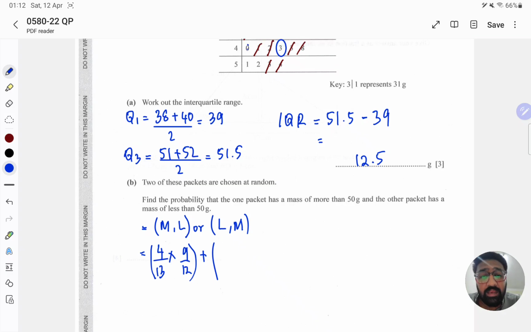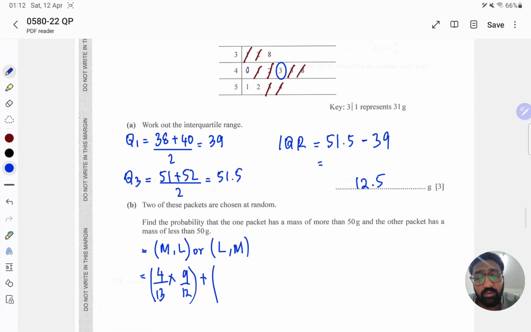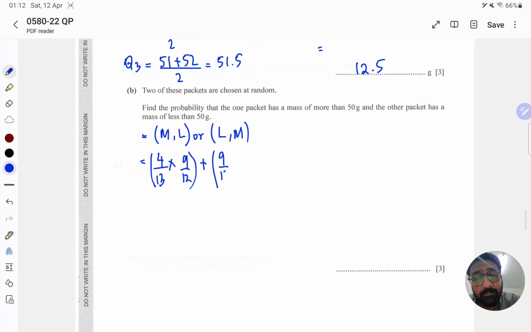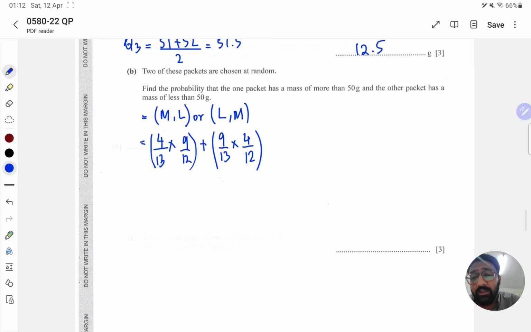Similarly, how many large at the start? So it's going to be 9 by 13 multiplied by 4 by 12. If you simplify it, 4 times 1, 4 times 3 is 12, 12 times 1, 12 times 3 is 3.